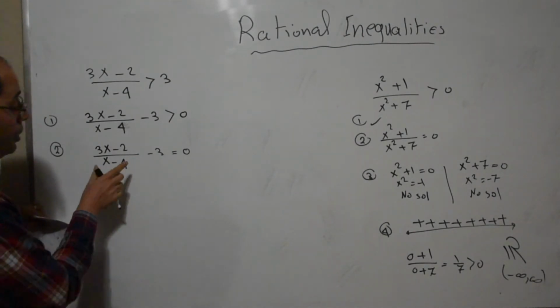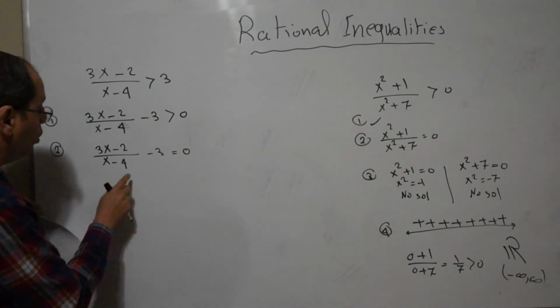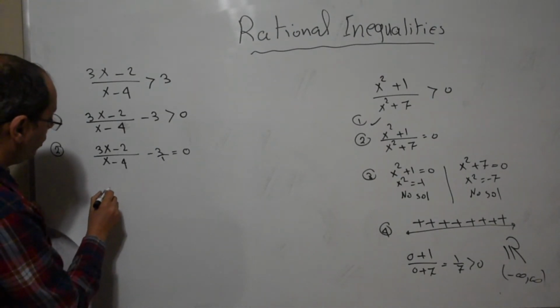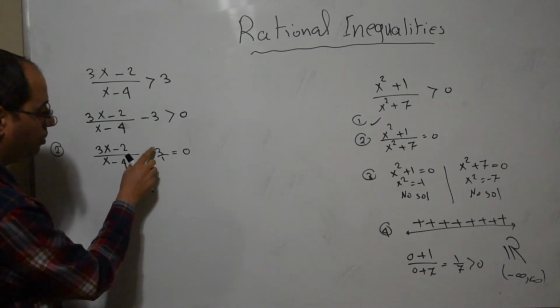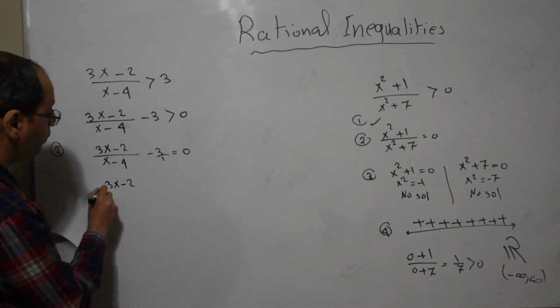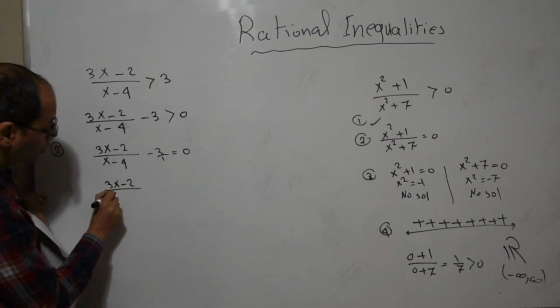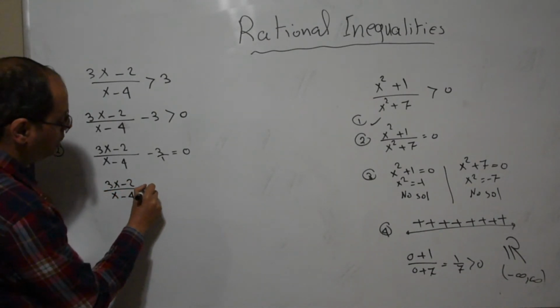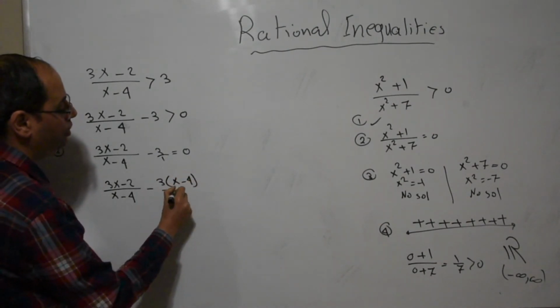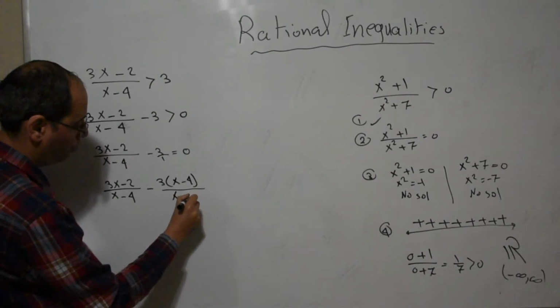And my common denominator is x minus 4, because this is all over 1. So I have to multiply both numerator and denominator by x minus 4. So 3x minus 2 over x minus 4 minus 3 times x minus 4 divided by x minus 4.